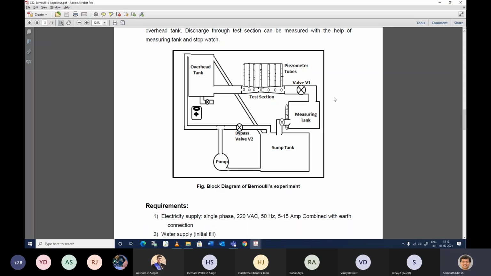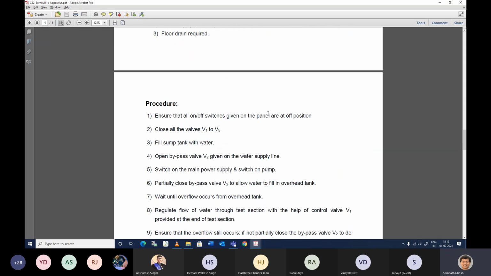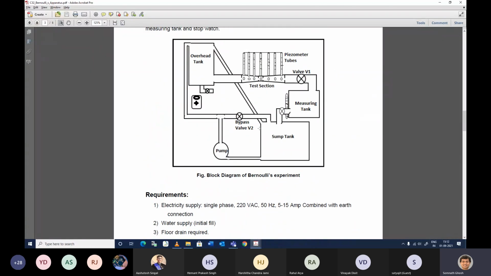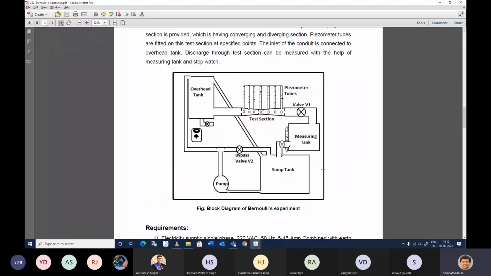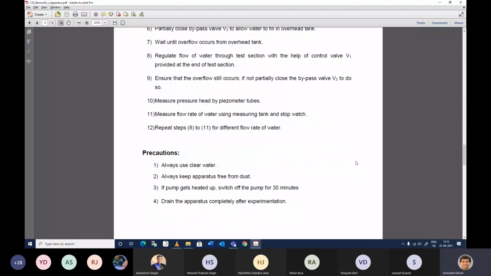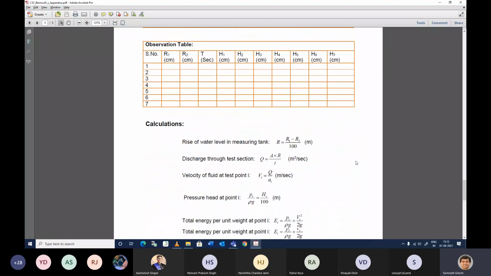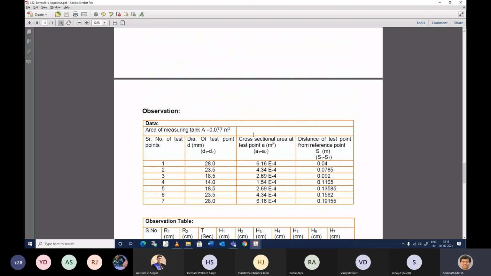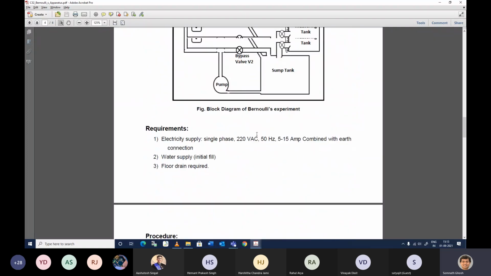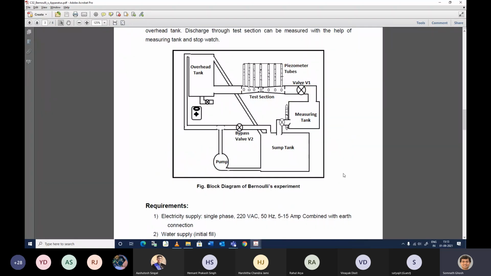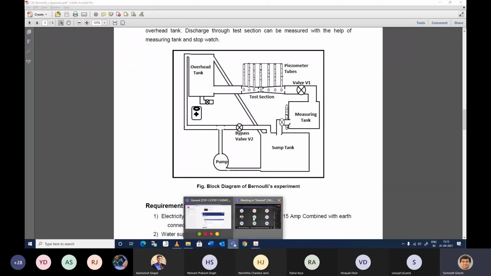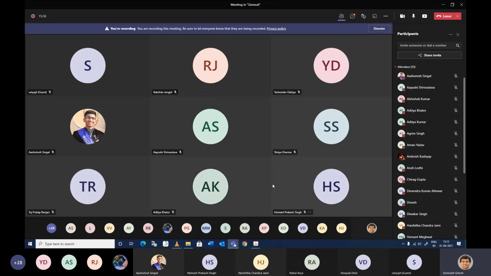You also need to quantify the error for those measurements and give the possible reasons for the errors you get in this Bernoulli experiment. Anything else? No, these are the things you need to report. Probably you also need to provide the derivation of the Bernoulli equation based on the pressure argument. Any questions up to this point for the Bernoulli experiment?